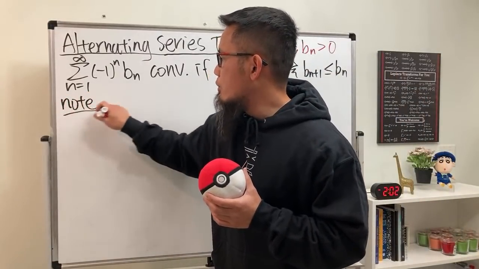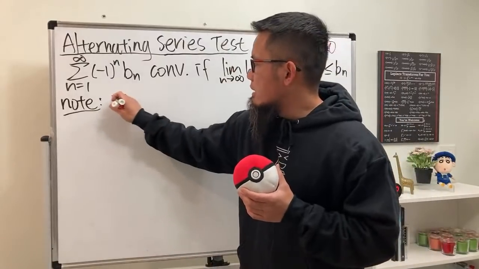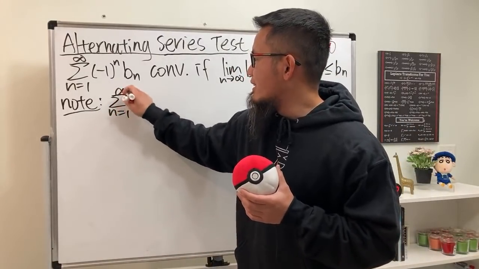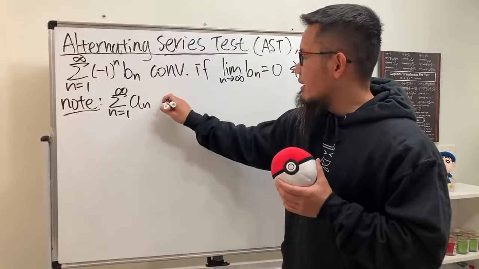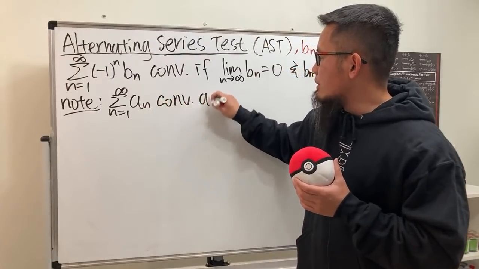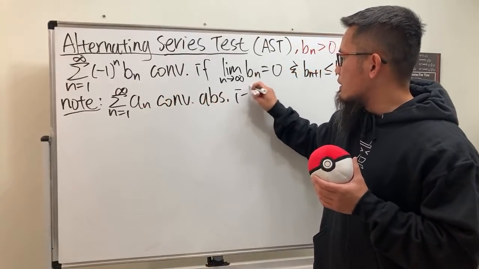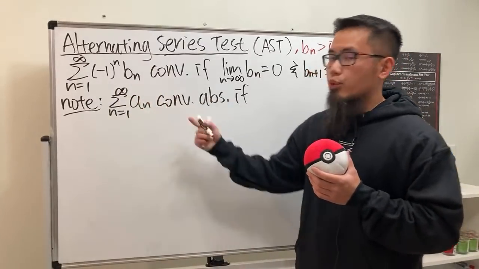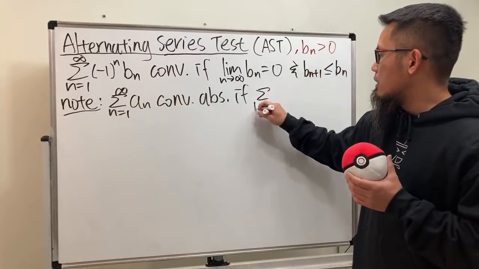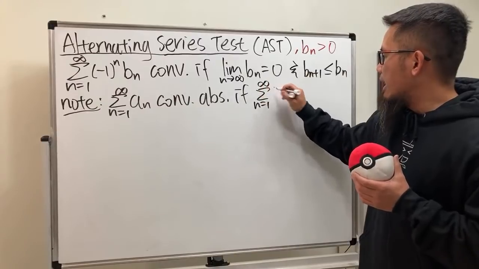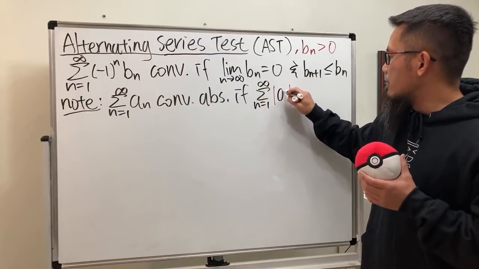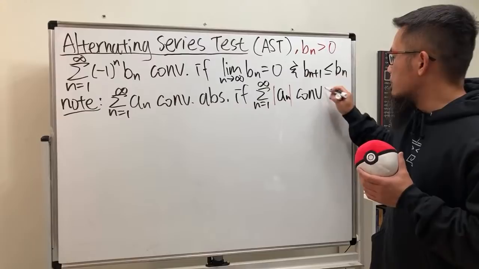Here is a quick note. We say that the series as n goes from 1 to infinity of an converges absolutely if you apply the absolute value to the an, and this thing right here still converges, right?